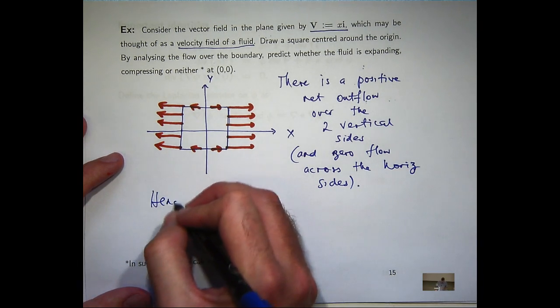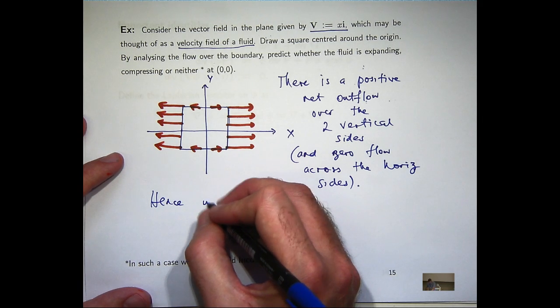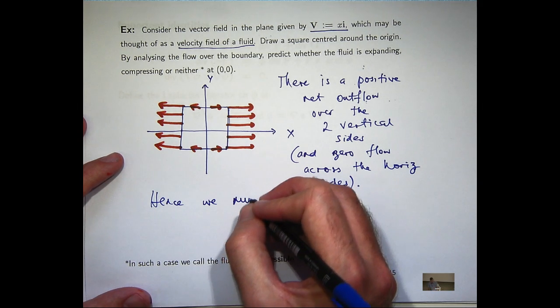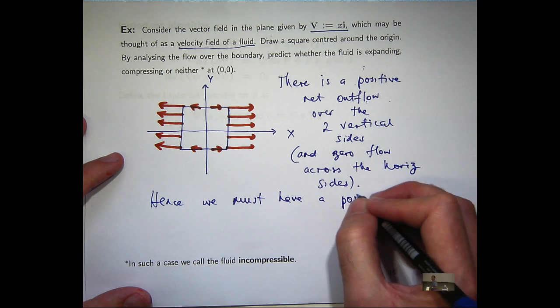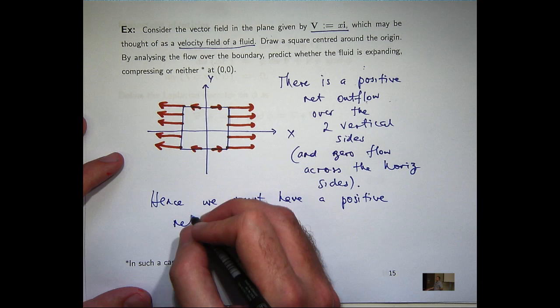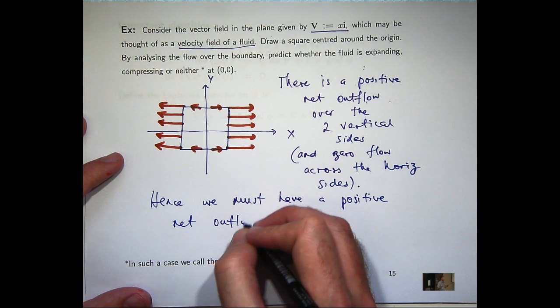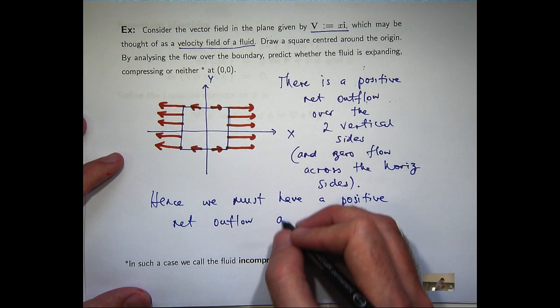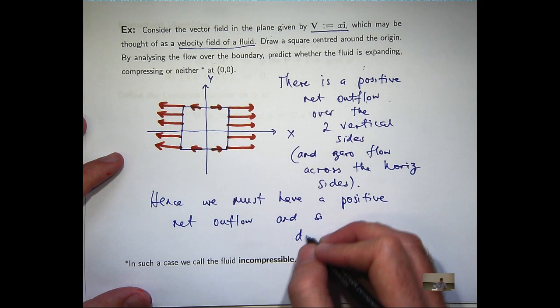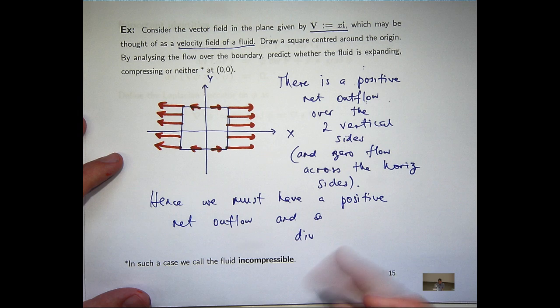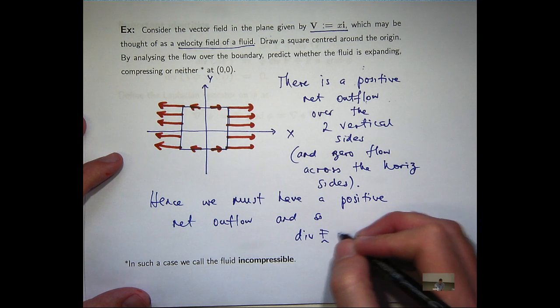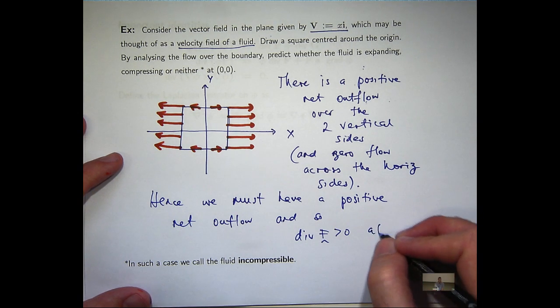Hence, we must have positive net outflow, and so the divergence of the vector field, say at the origin, is positive.